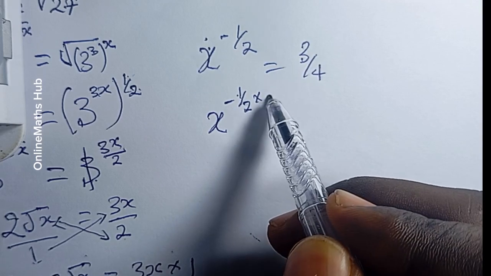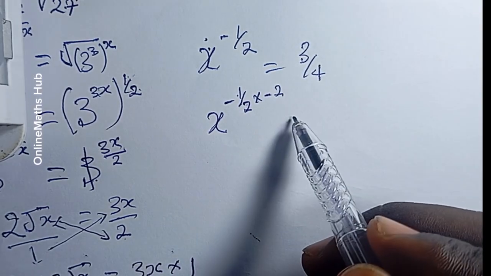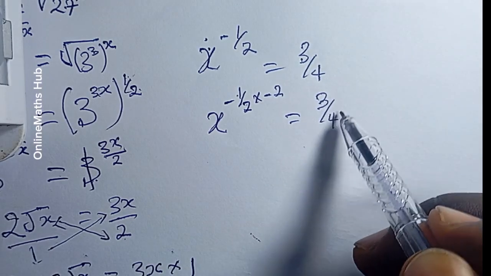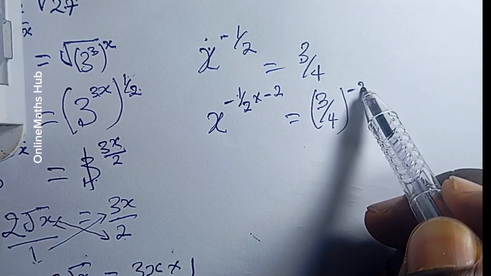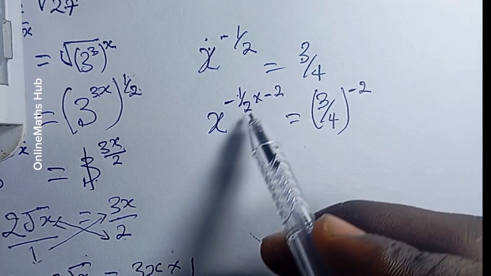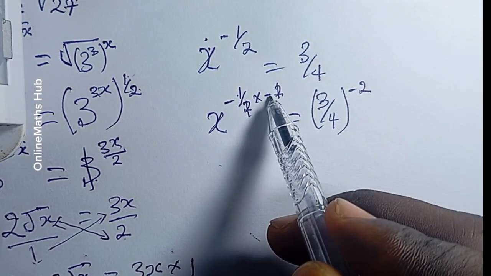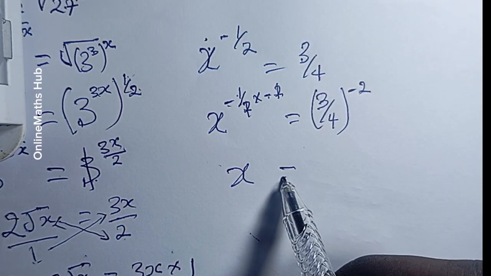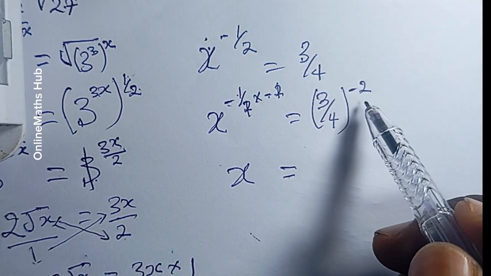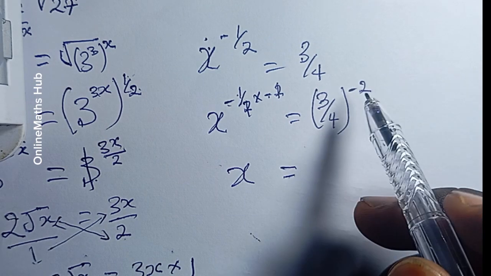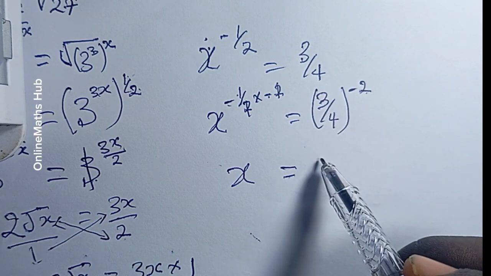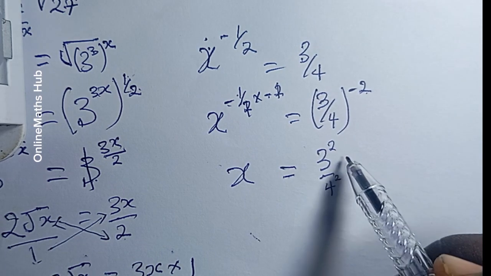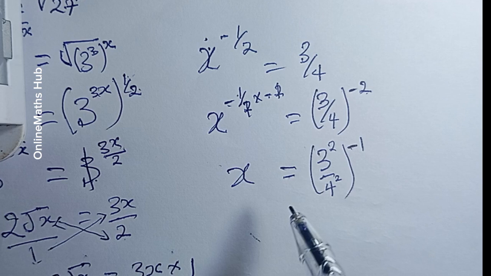And then of course if I do that right here, I will have 3 divided by 4 all raised to the power -2. So on this side, this will cancel this, minus times minus is plus, so I have x left on the left hand side, and x clearly is equal to, I can push these two inside, so that I'm going to be having 3 power 2 divided by 4 power 2 all raised to the power -1.